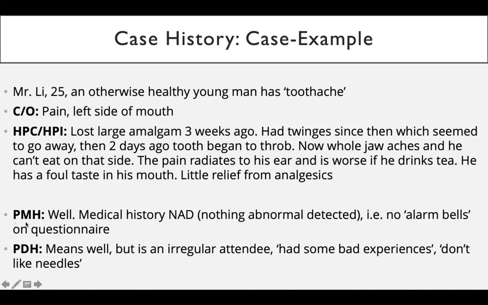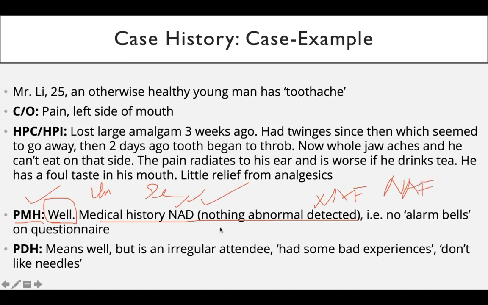Okay, so past medical history. He looks well overall, and his past medical history is unremarkable. So there are no remarkable medical events previously. Medical history: nothing abnormal detected, no abnormality detected. NAF also means no abnormality found.